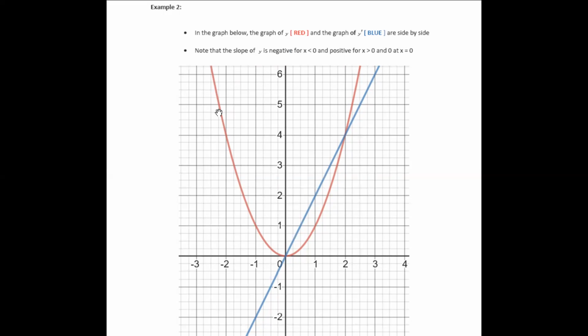Now let's look at the original graph. The slope from here to here is negative, is it not? What does that tell us about the graph of the derivative? It's going to be down below the x-axis. Why? Because the slope is negative, and this is the negative region when you graph the y prime axis.